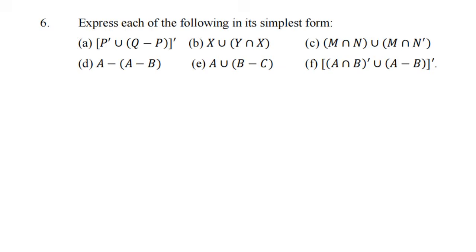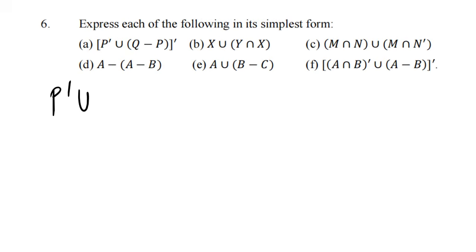So we come to question number 6. Here we're asked to express each of the following in its simplest form. We've got P complement union Q minus P, in big square brackets, with a complement outside. You can start with what you have in the brackets.